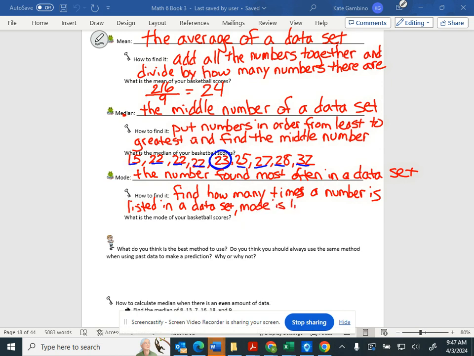Mode is listed the most. Is there always a mode?